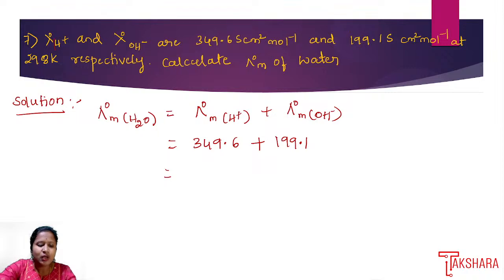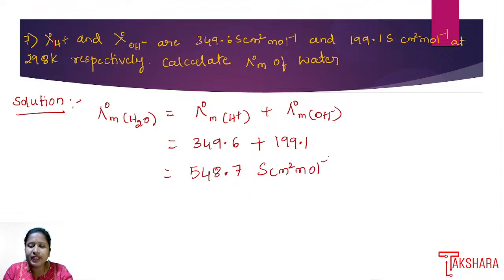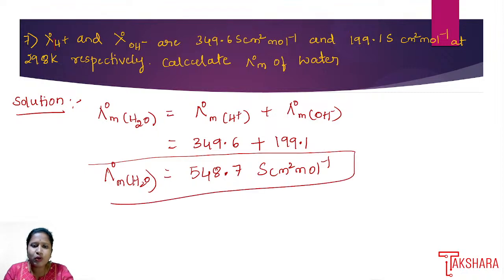349.6 plus 199.1 is nothing but 548.7 Siemens centimeter square per mole, we will be getting as the answer. So lambda naught m of water is equal to what? 548.7 Siemens centimeter square per mole, that is the answer.